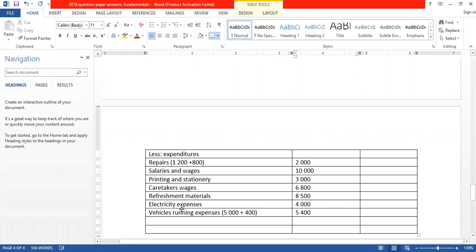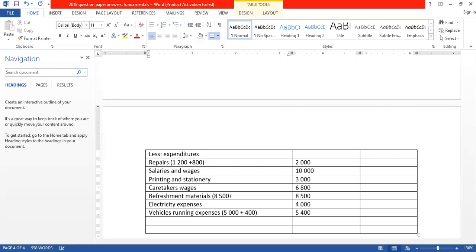And then you check again, we also have payables for refreshment materials, and therefore we will need to add the amount. So our refreshment materials in this case were 8,500.